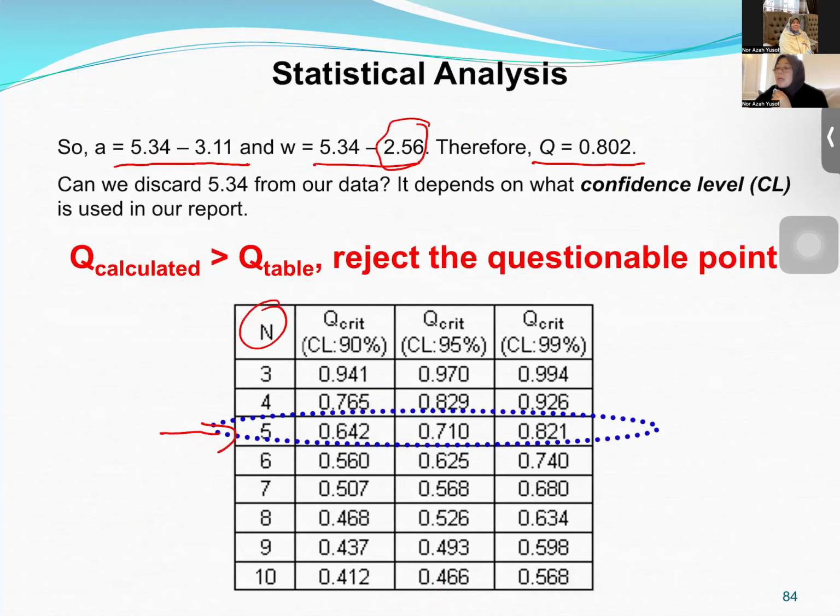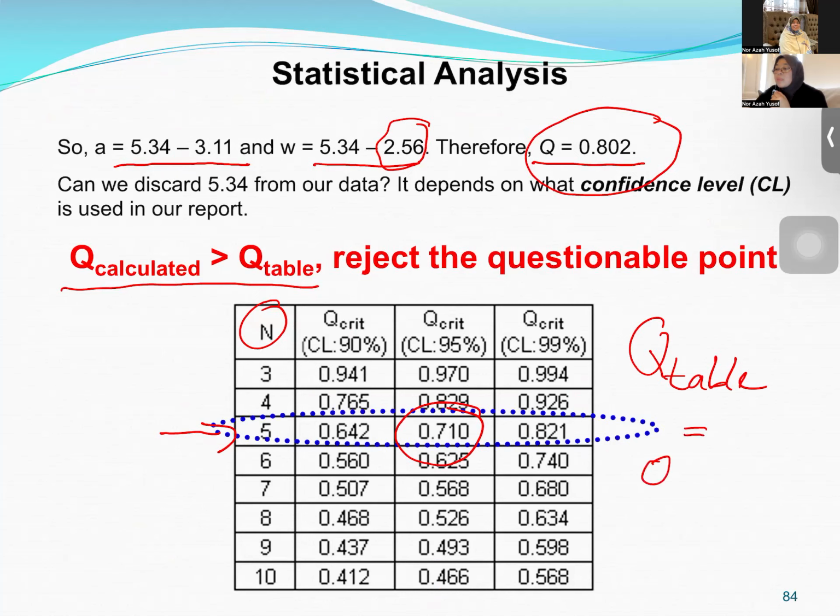So the Q table value, let's say, is 0.710. Since the calculated Q is bigger than the Q from the table, which is 0.710, there is a significant difference between the outlier just now and the rest of the data.